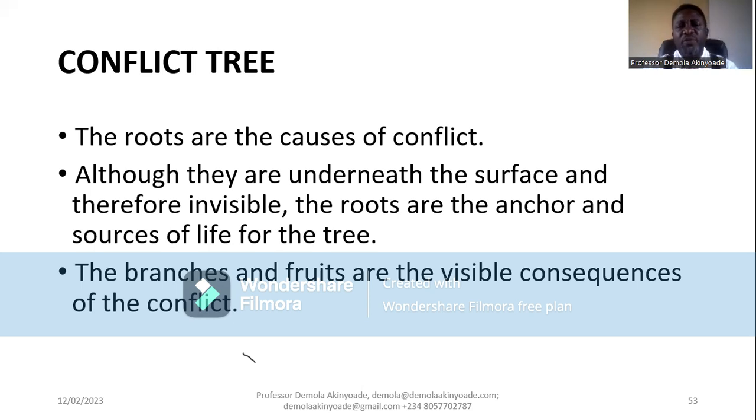So in the case of conflict, we are considering what are the leaves and fruits of, let me say, what are the issues? What are the issues in the APC, PDP, Labour Party conflict? What are the issues?